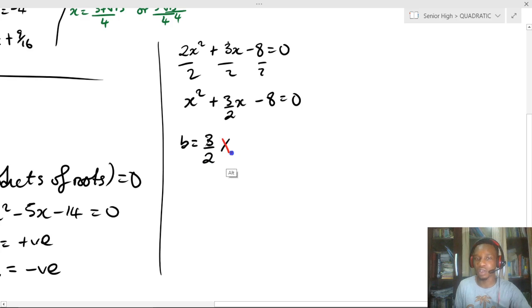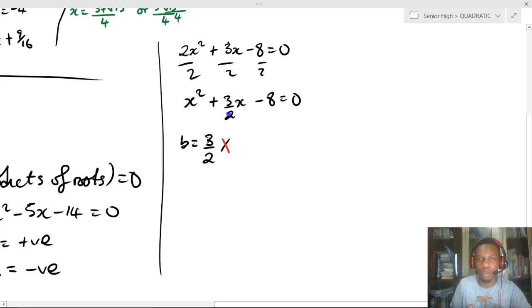Why is this wrong? Because we know that if we're to use this formula again, using the understanding of what we know now, that this part is the what?